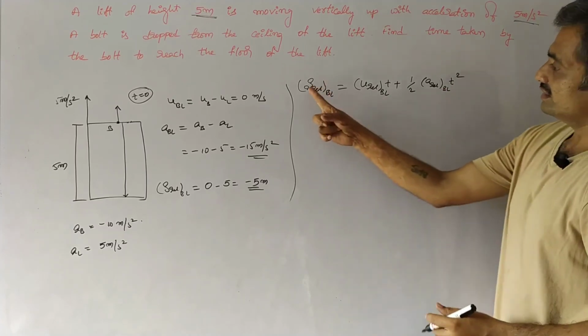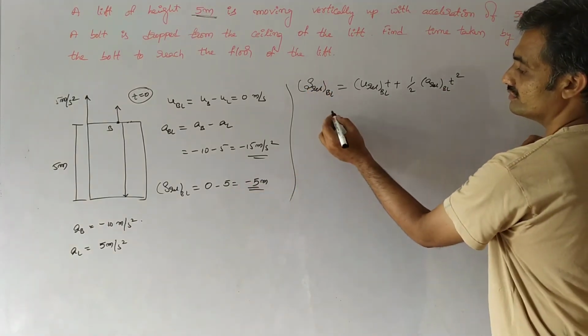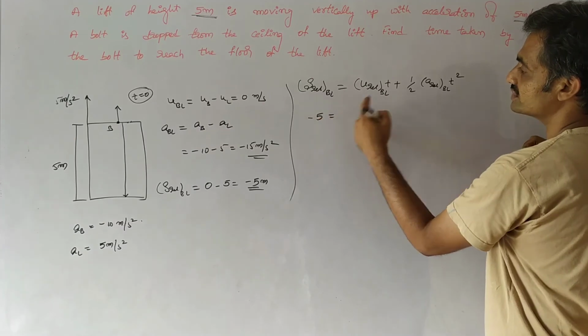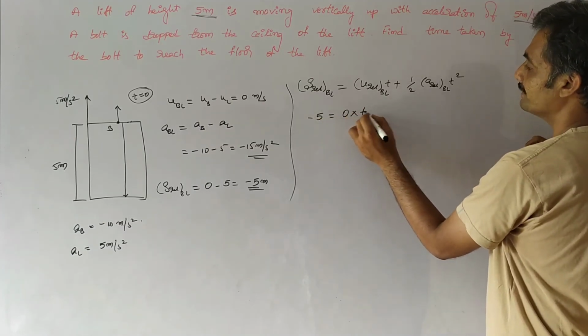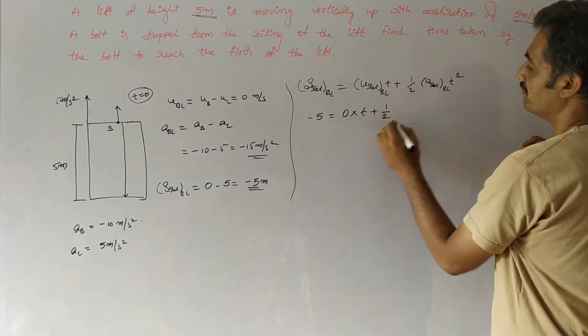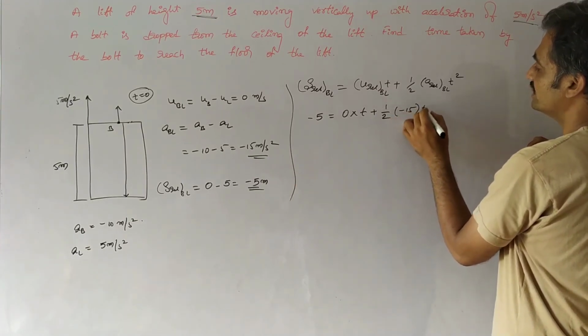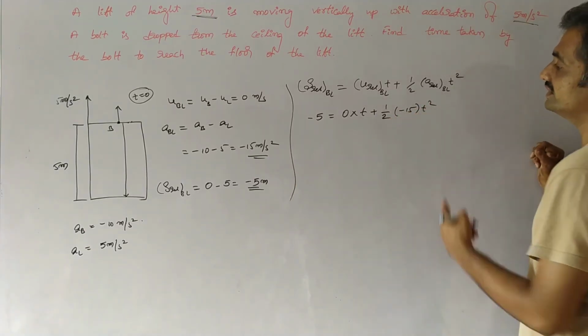So minus 5 is equal to u relative, which is 0, into t, plus half into minus 15 into t square.